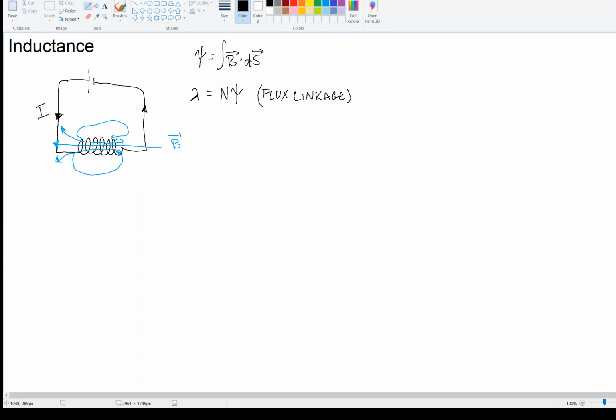Again, that's just capital N, the number of turns, times the flux due to one turn. Now, as we've shown before, the flux due to one turn is proportional to the current I, however much current is going through there. So of course N times that, the flux linkage, is also proportional to that current.